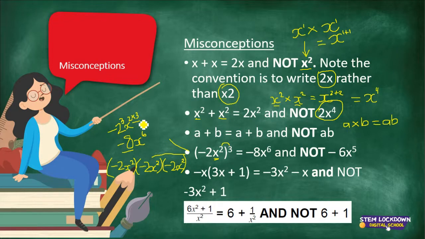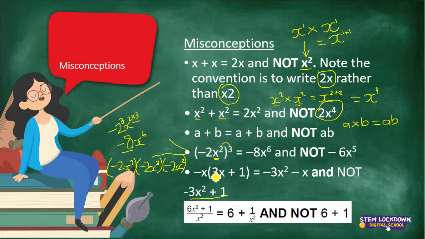The next misconception that learners have: if you are given negative x into 3x plus 1, some of you will give this answer, which will be incorrect. Why is it incorrect?